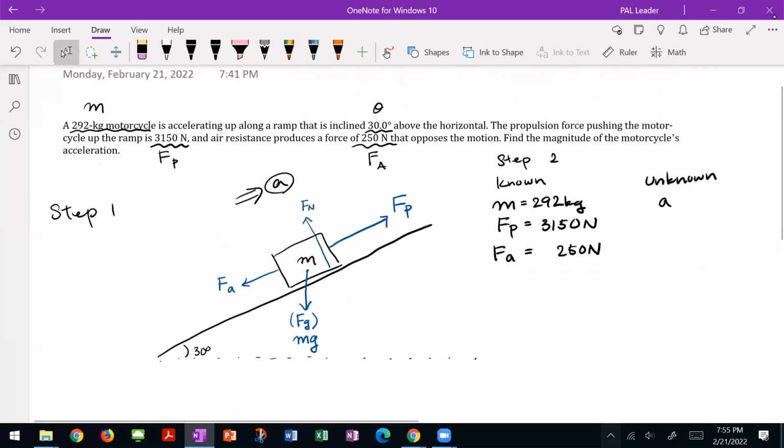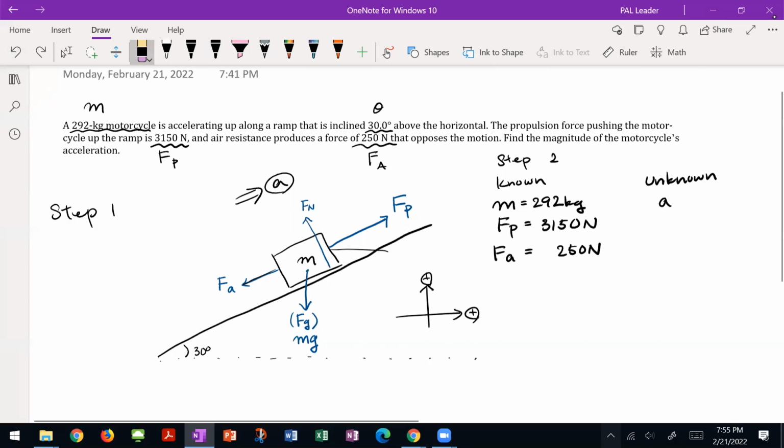So would it make sense for us to set our positives like this in this problem? Because if we did, we'd have to divide the air resistance, and compartmentalize the normal force. That's a lot of work, a lot of angles, a lot of trig. I don't want to do that.